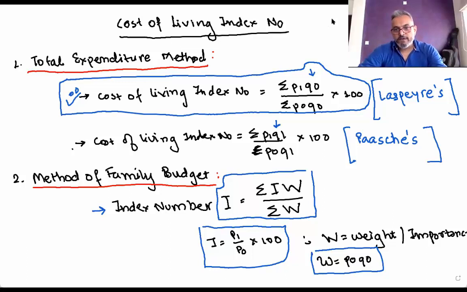Please write the formulas and then we go for the sums. Now, I is equal to sigma IW upon sigma W, we have already seen this formula.